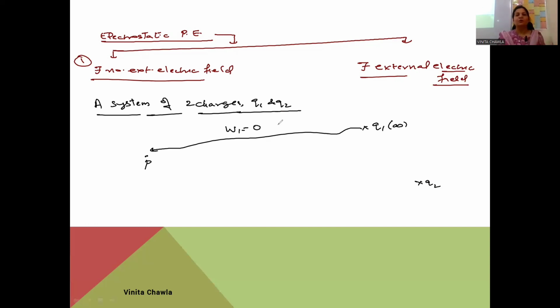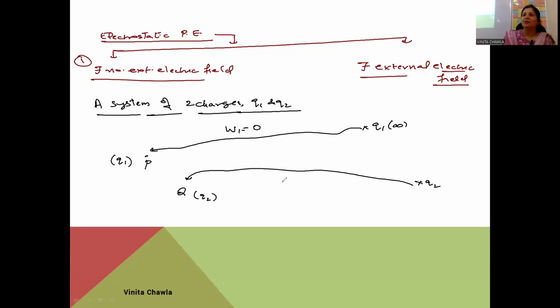Okay. So let's consider the second charge now. If this second charge was placed somewhere else, and is moved close to the first charge, Q1 is here and Q2 is now here, then is there any work done by the second charge?